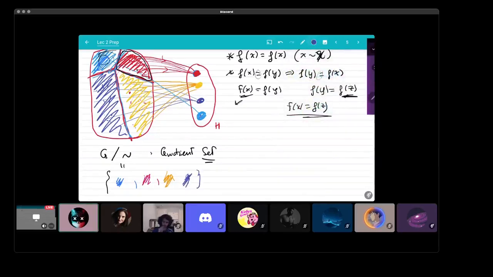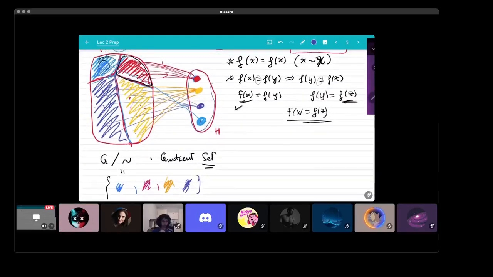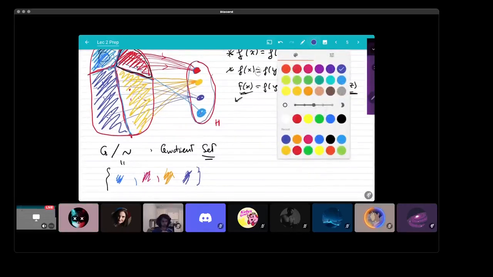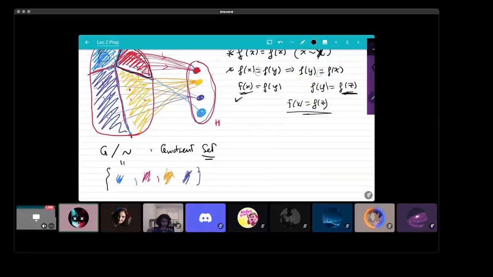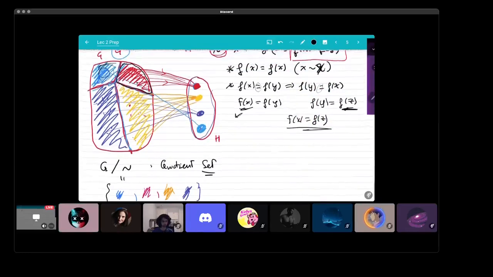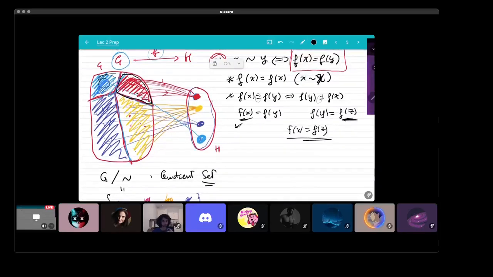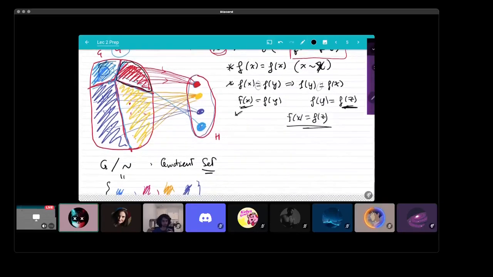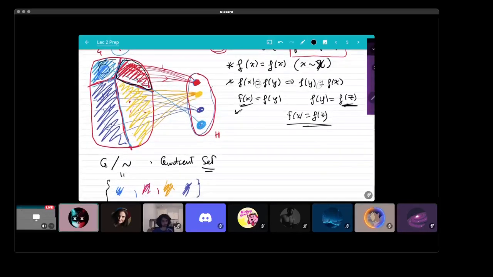This is a set and it's bijective to H. So this is kind of the whole point of why group people use equivalence relations.